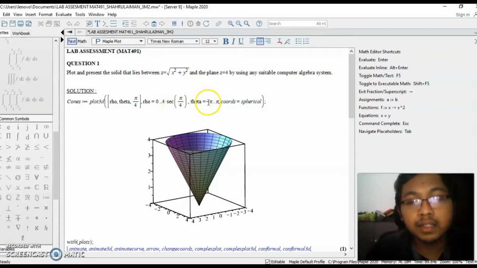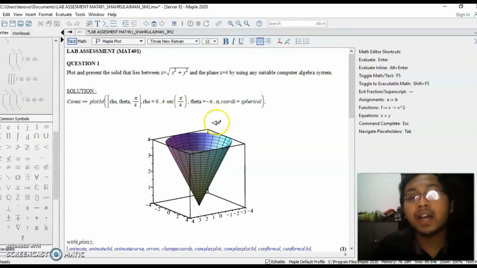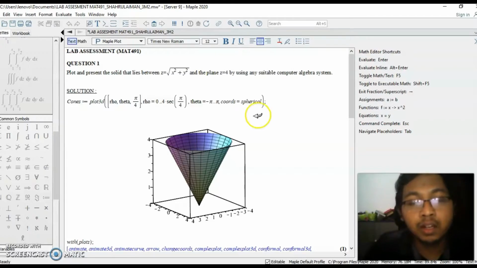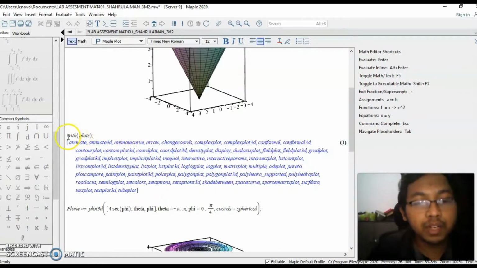And theta, I will put from negative pi to pi, and the coordinates are spherical, definitely because a cone is a spherical shape. From the first command, this is the solid that we obtain, a shape of cone, but open upwards.